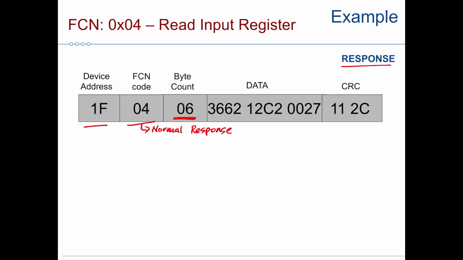Remember, we asked for 3 points, and each point is a 2-byte value. Because of that, our byte count will be 6, and this is address 4000 as a 2-byte value. This is address 4001, and this is address 4002, for a total of 3 points, each of which is 2 bytes, and then our 2-byte CRC.